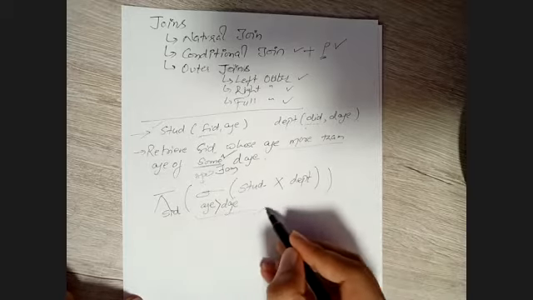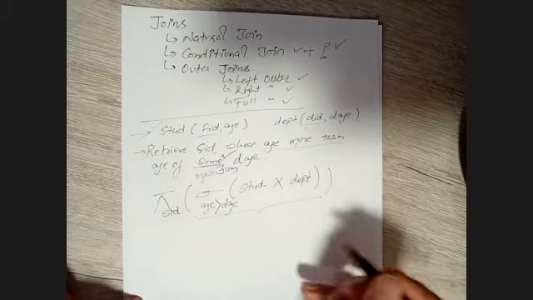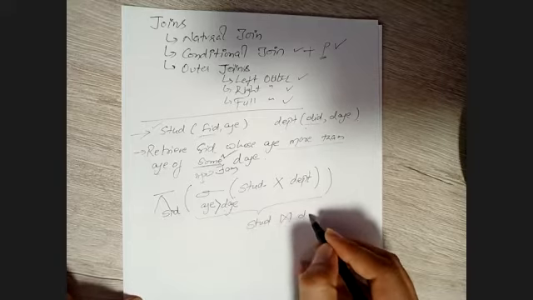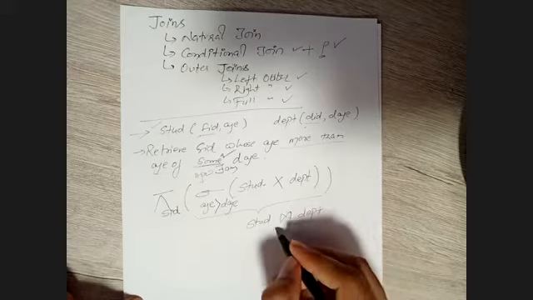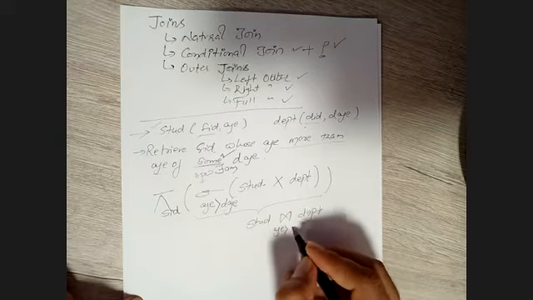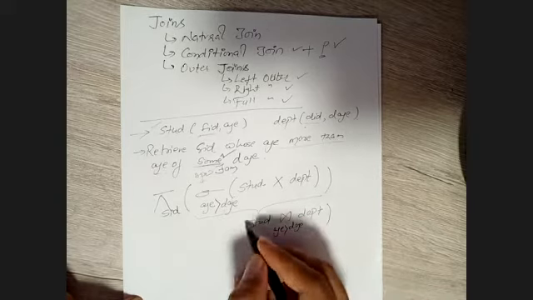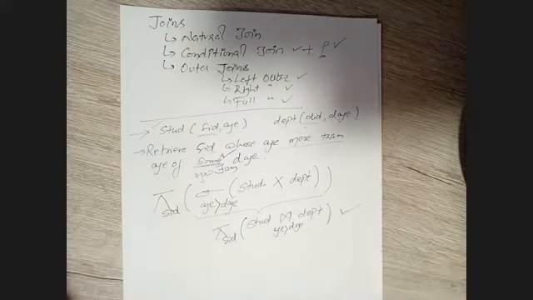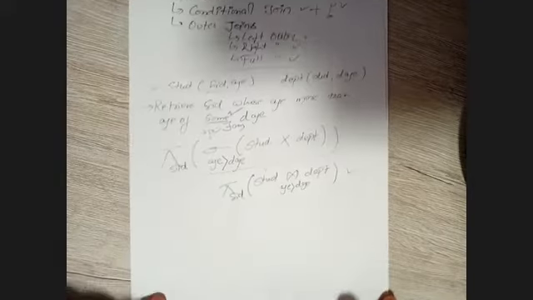This part is called your conditional join, and you can write it like this: condition age greater than DAge, and project SID. We have already seen this in the previous class.